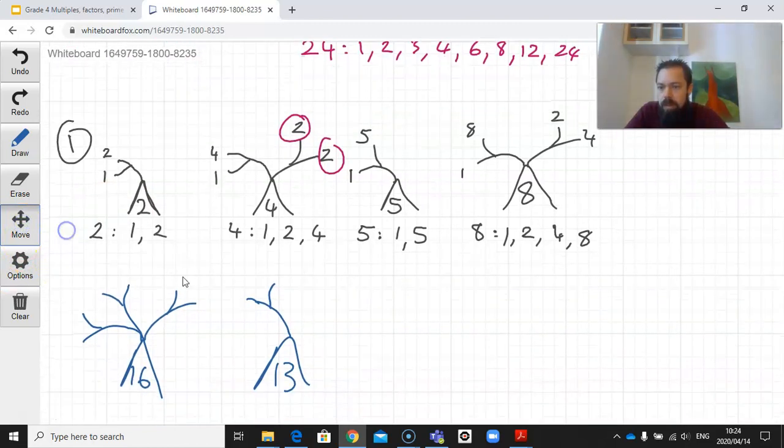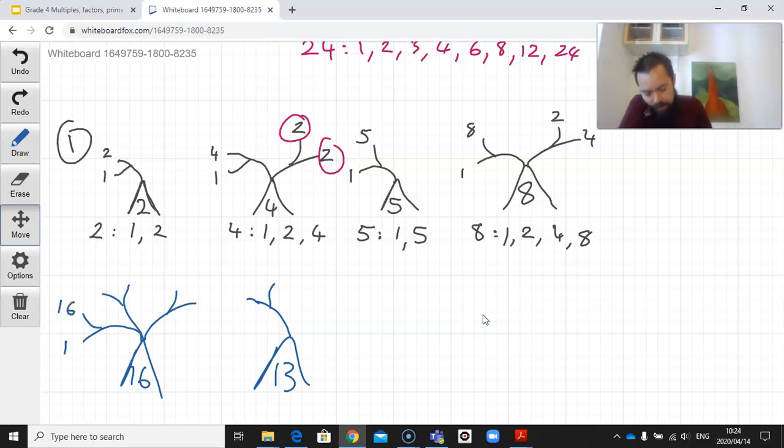For those who were a little bit quicker, let me just shift my page up a little bit. 16. What goes into 16? Well, 1 and itself. 2 fits in: 2, 4, 6, 8, 10, 12, 14, 16. 2 times 8. 3, 6, 9, 12, 15, 18 doesn't fit in. 4, 8, 12, 16. So 4 fits in. 4 times 4. And again, we only list it once.